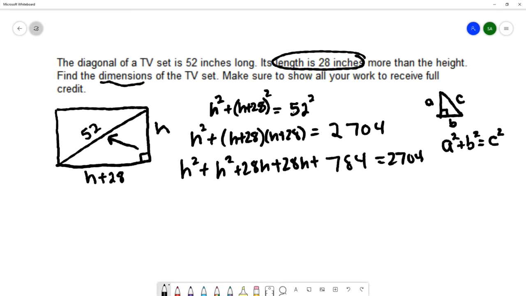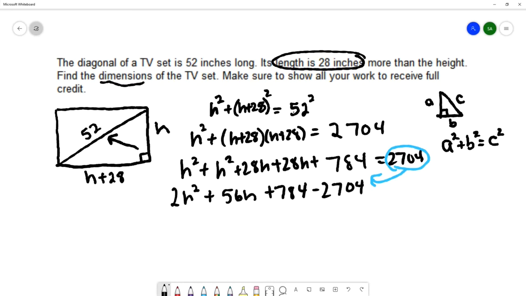I'll combine like terms. h squared plus h squared is 2h squared. 28h plus 28h would be 56h. And I want to move this constant to the other side, so I'm going to subtract 2704.